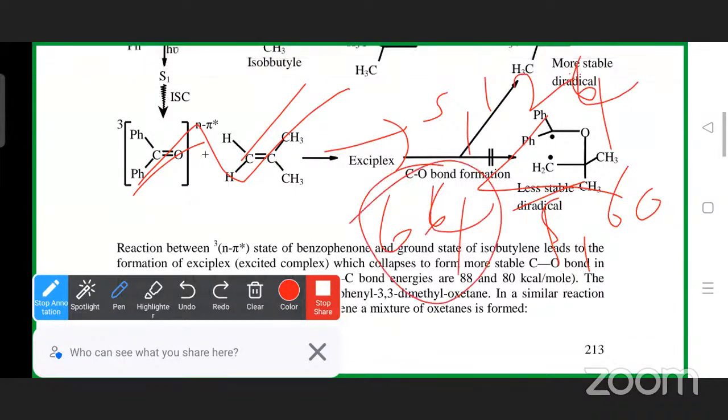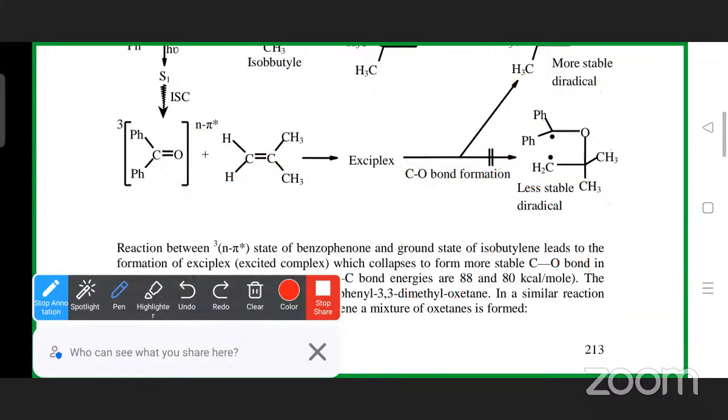So this much energy gap is there. If the energy gap is more, then it won't have any ISC. For benzophenone it is very small, the difference is only 5.